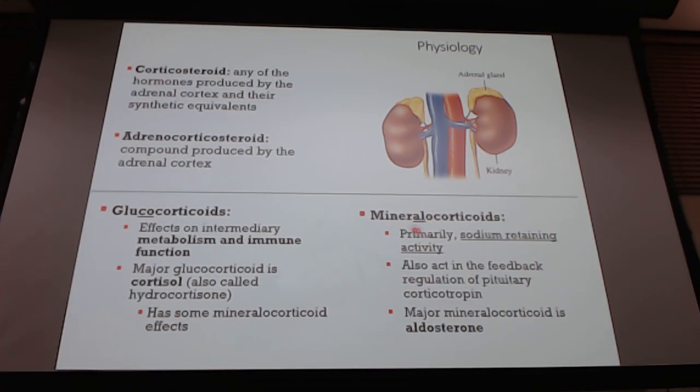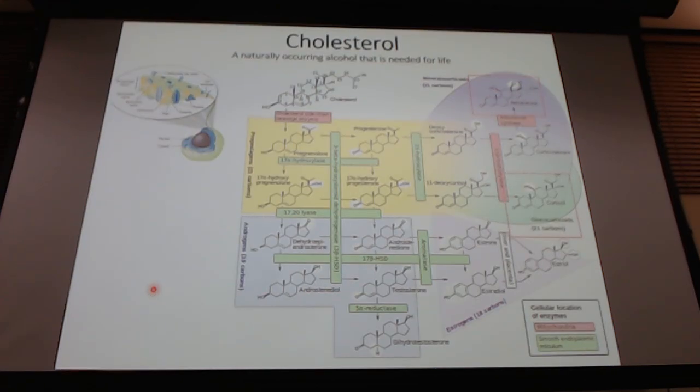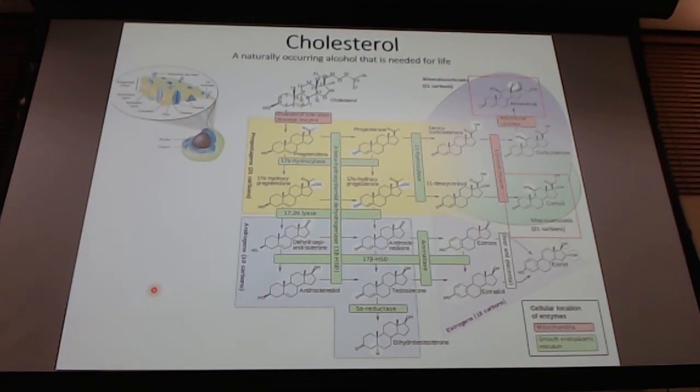Remember AL is highlighted because the major mineralocorticoid is aldosterone. So AL is in mineralocorticoid, and glucocorticoid has CO in it for cortisol. This is also telling you we have cholesterol, which is very important for us to build corticosteroids.